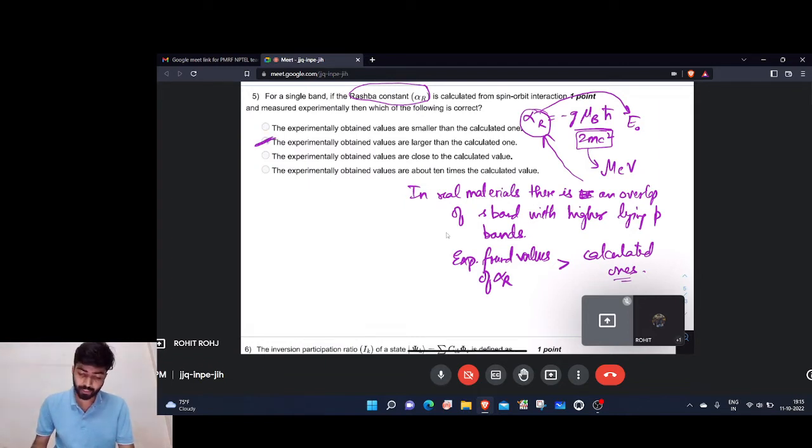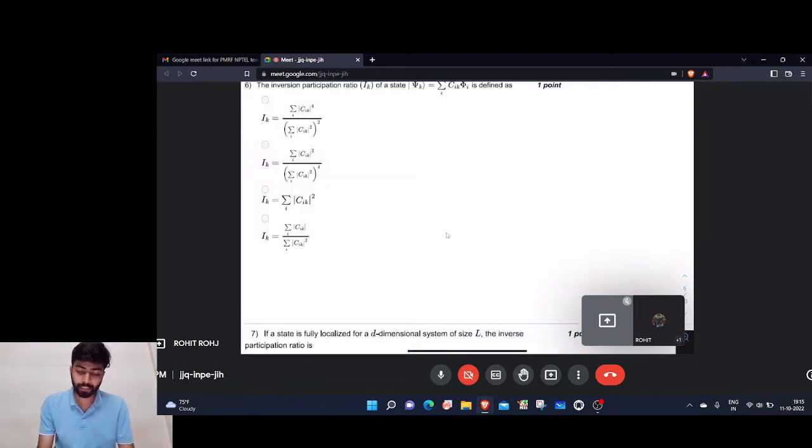Now the next question is for the inverse participation ratio. Now to understand inverse participation ratio, one can look into the participation ratio.